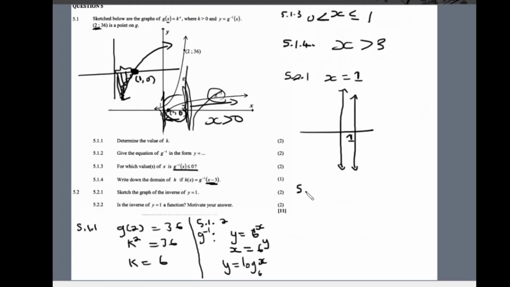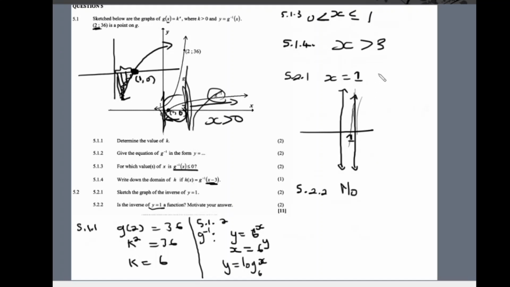And then 5.2.2, they want us to answer: is the inverse of this function a function? Motivate your answer. We'll say no, it is not a function because it fails the vertical line test. When you draw vertical lines here, you'll have one x value corresponding to multiple y values.